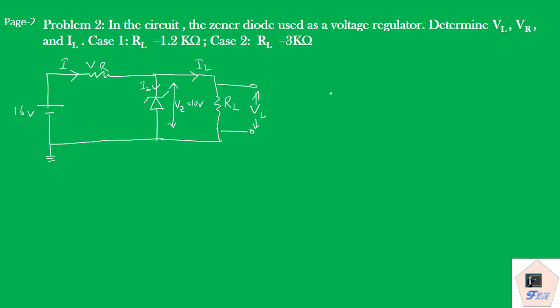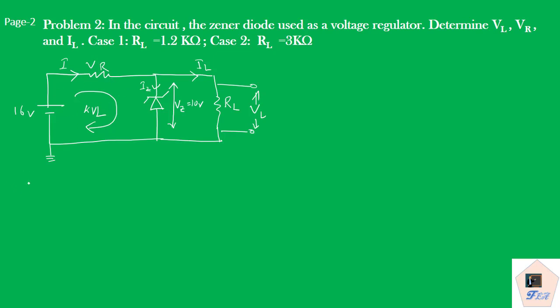So here we have been given Vz. See here the value of this R is not given but we need to find VR. So directly we shall apply KVL here and we know what all voltage drops we have here, that if we sum up that will be 0.